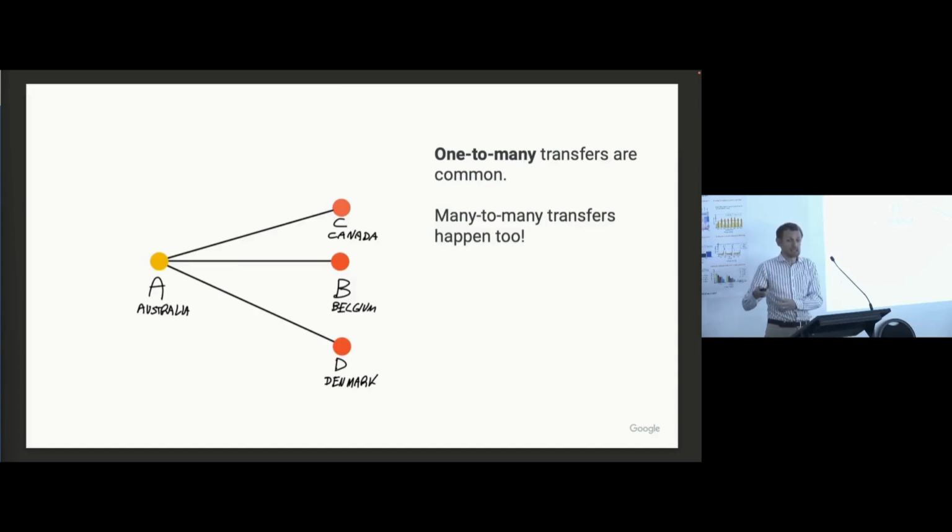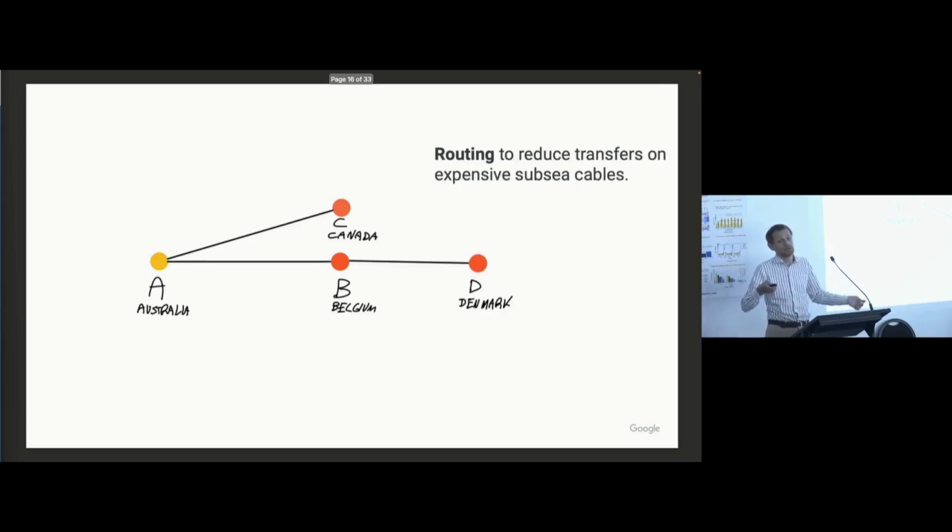Say you have a bigger family and you have Aunt Claire in Canada and Uncle Dan in Denmark. And if you transfer to multiple destinations, probably you want to optimize the route as well. So probably you do not want to use these expensive undersea cables to transfer first to Brussels and in parallel to Denmark, but you would do something like this, right?